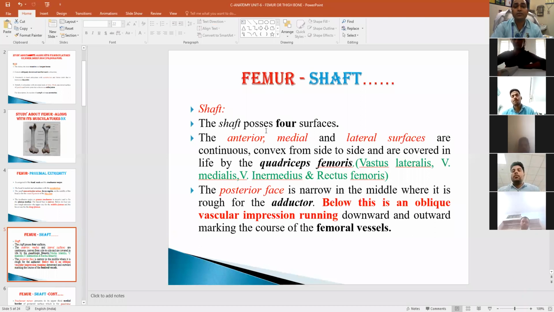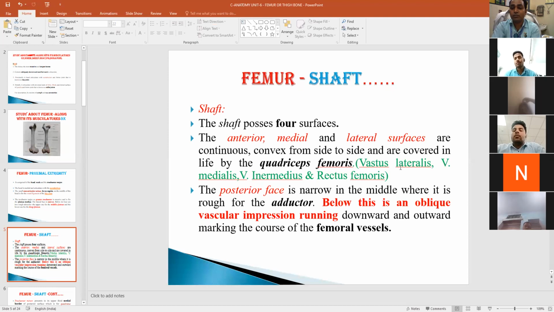The shaft contains four surfaces: anterior, medial, lateral, and posterior. This is an important point of view here. The anterior, medial, and lateral surfaces of the femur are covered by a voluminous muscle known as the quadriceps femoris muscle. This quadriceps femoris is made up of four muscles.